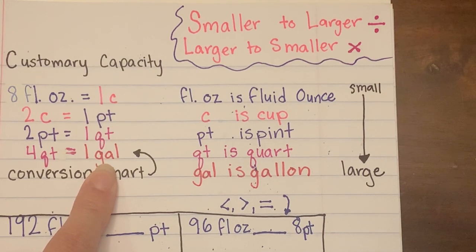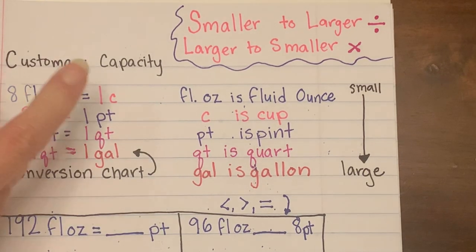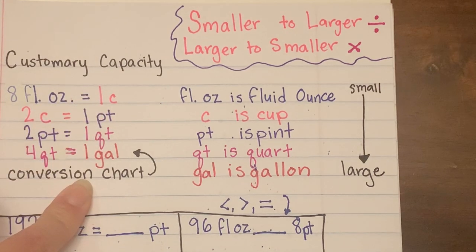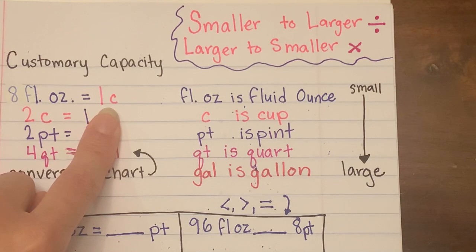If some of you remember, I'm going to post the link to the story of the land of Galan. It's a way of remembering what goes into what and what ultimately makes a gallon. So remember, my smaller units are over here on the left-hand side. My larger units are on the right-hand side. So if I were going this way, I'm going to divide.